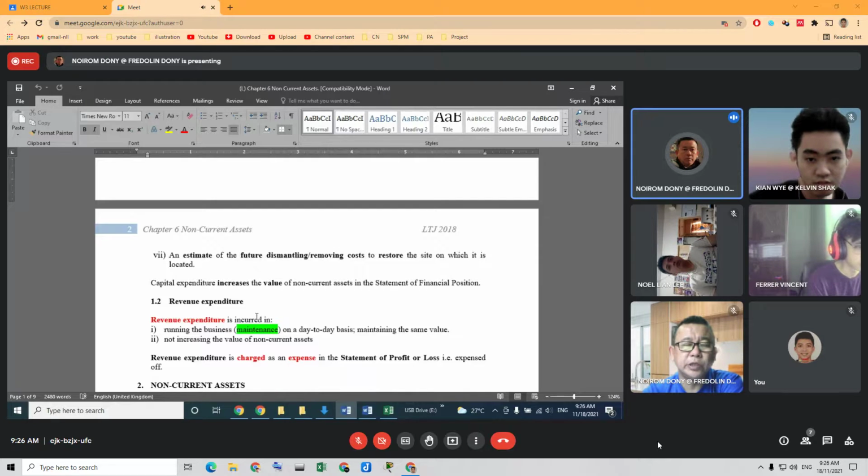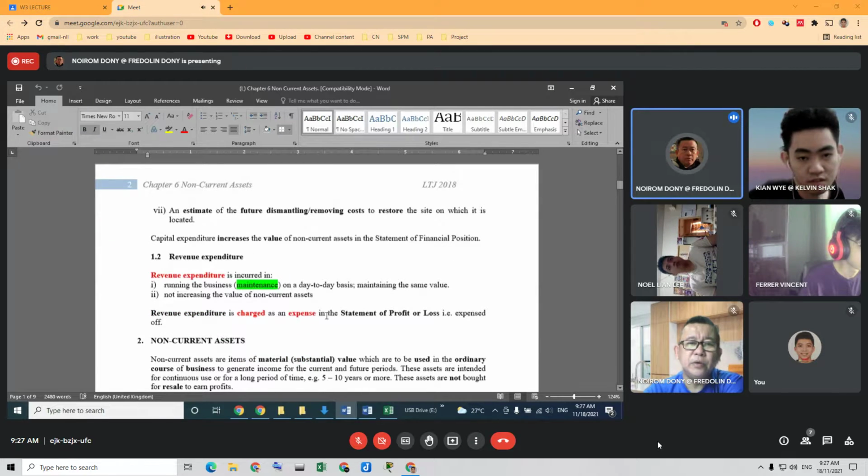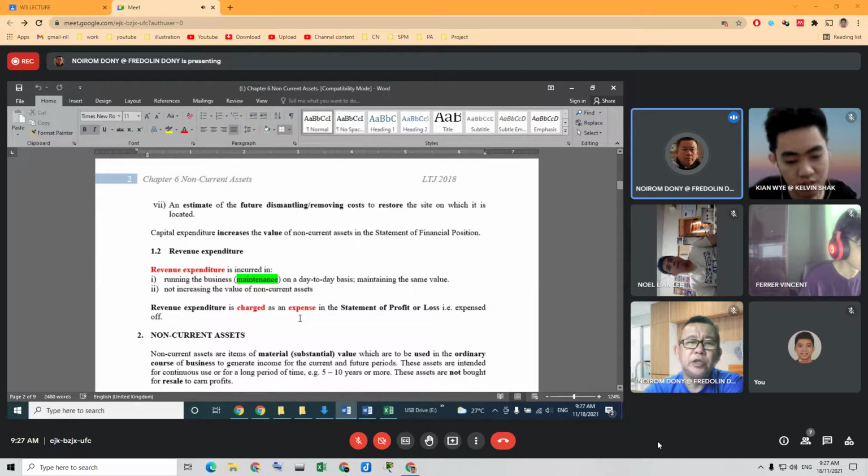So this is considered as revenue expenditure. It does not increase the value of the non-current asset, it just maintains it so that the machine can operate efficiently. So revenue expenditure is charged as an expense in the statement of profit or loss.